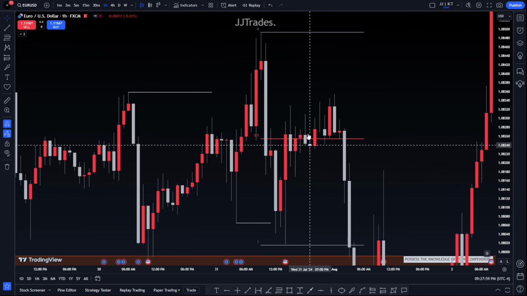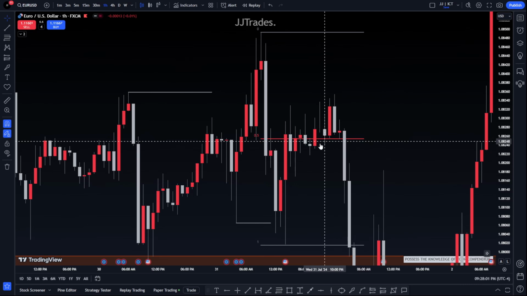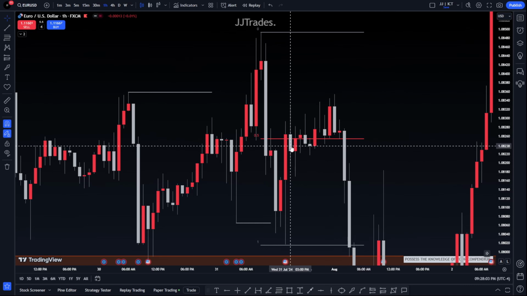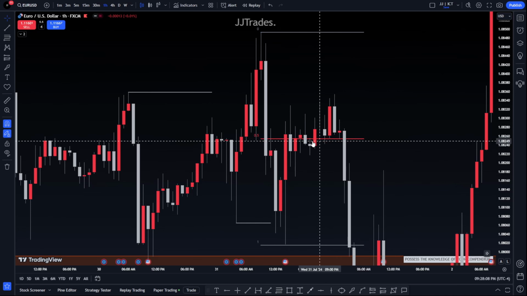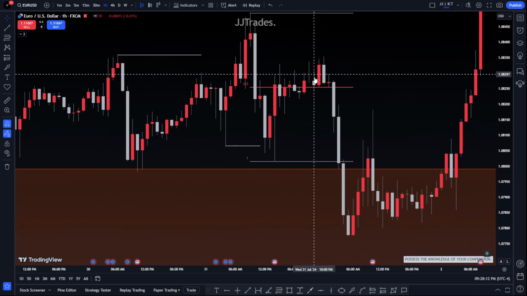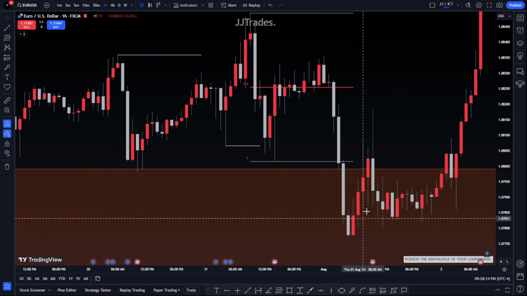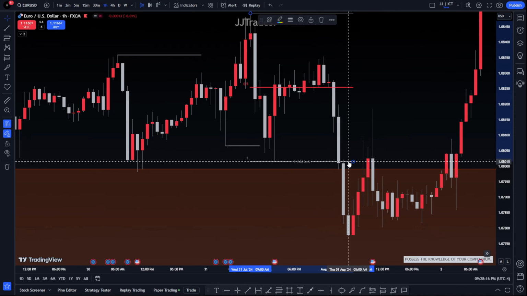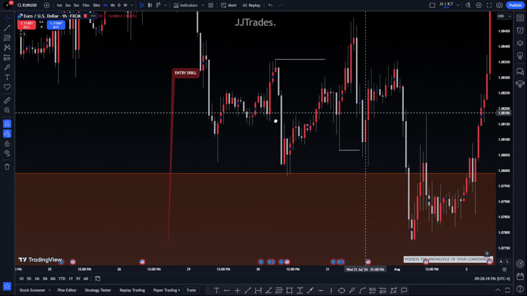It comes straight up to the confluence and then just accumulates or consolidates around it, showing that it wants to reject off of it. Does it do that? It does. Very simple concept, right? I think it's pretty simple.